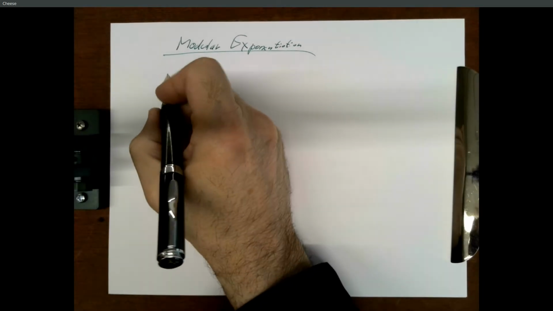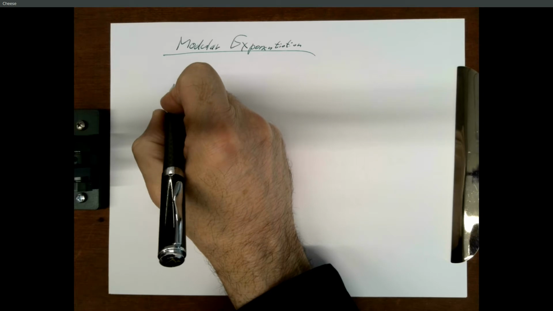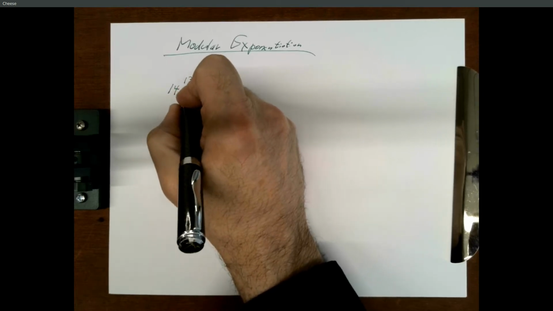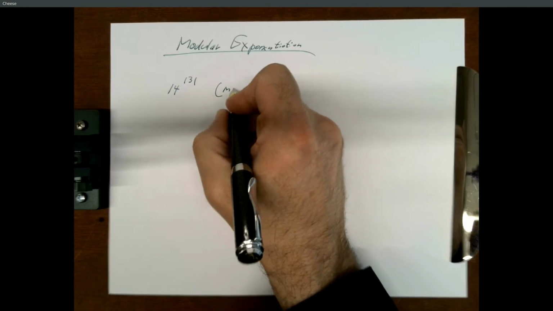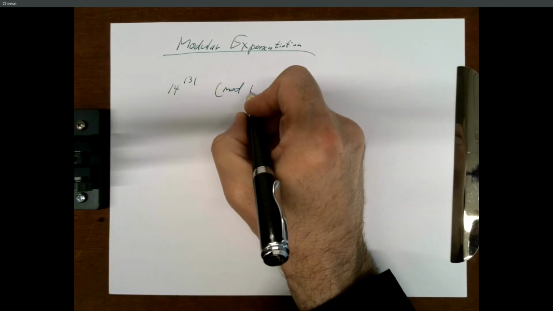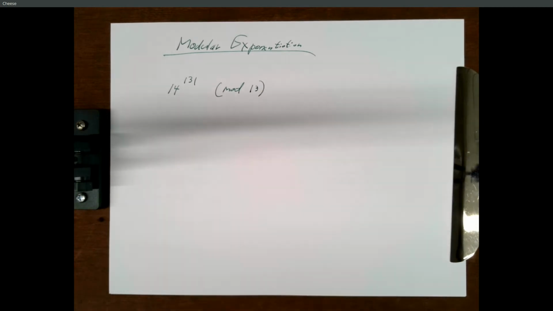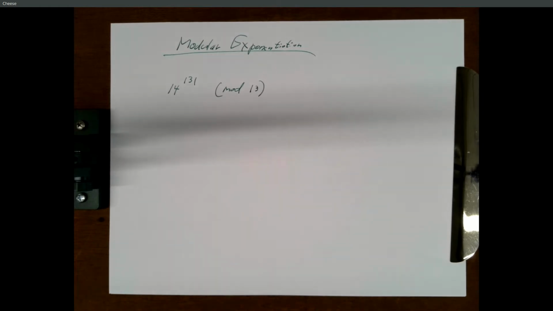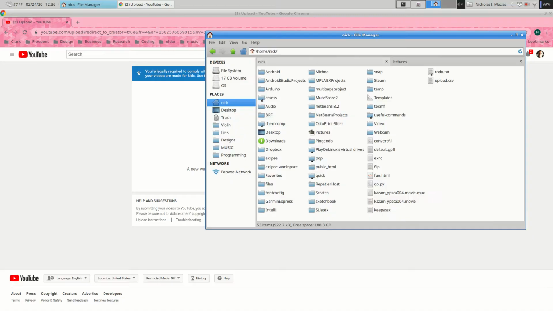So for example, 14 raised to the 131st modulo 13. I happen to know that this is going to be congruent to 1 mod 13.